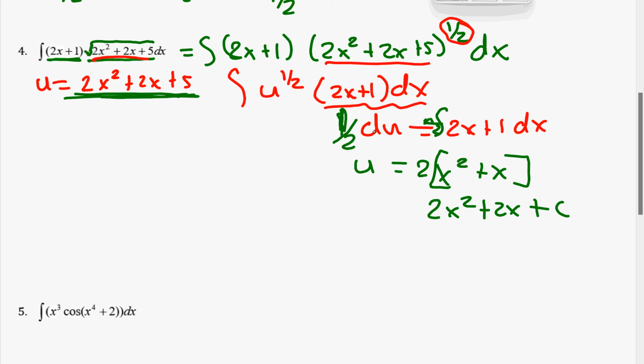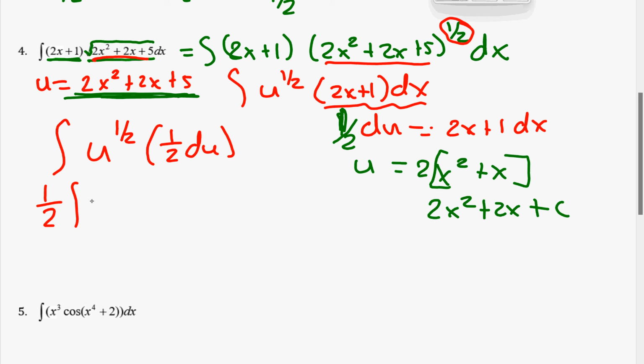Okay, so my du, in order for it to equal 2x plus 1 dx, it needs to be a half du. So then we can substitute that in, u to the 1/2 times 1/2 du. Now I can move the 1/2 out front of the integral sign, and now I can take the integral.